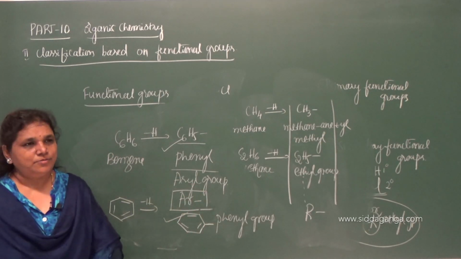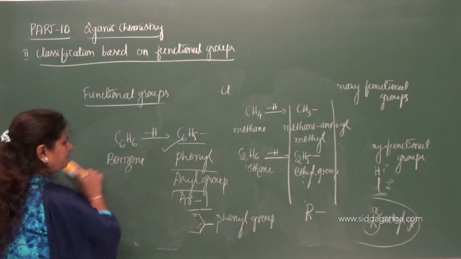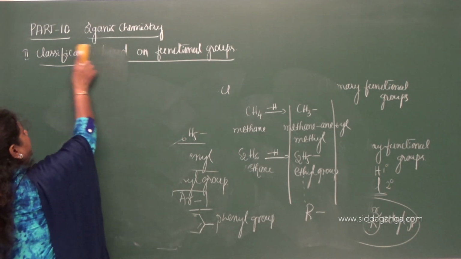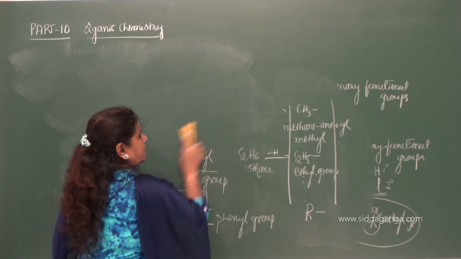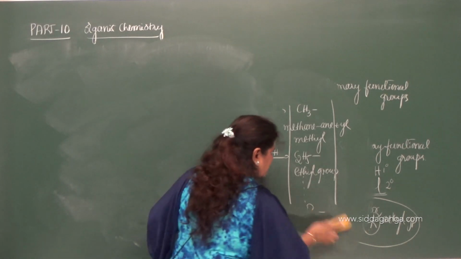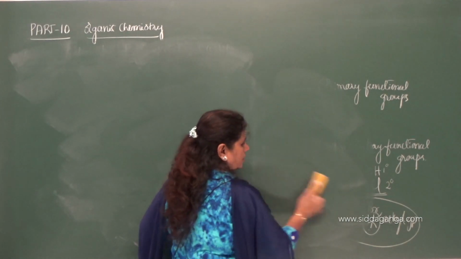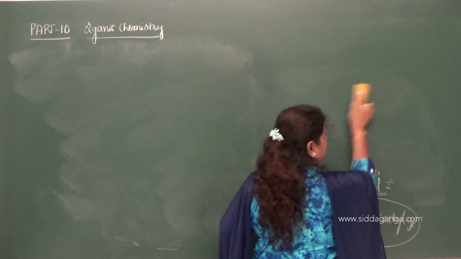Okay, now let us move on to the classification here. So write down the table for this. Write down the heading: classification based on functional groups. Make 4 columns.